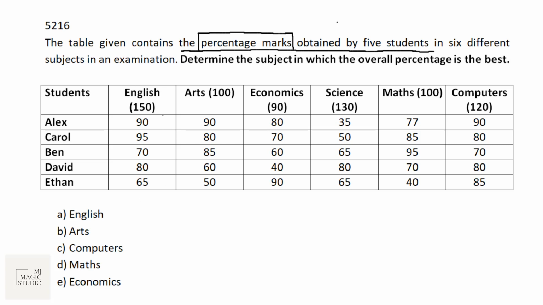But these are already percentages. It is given that these are percentage marks and not the actual marks. That means we just need to find for which of these subjects the total is the maximum. That's it.